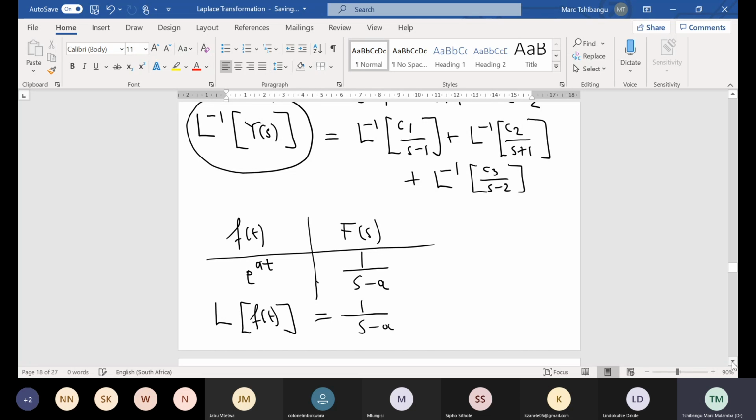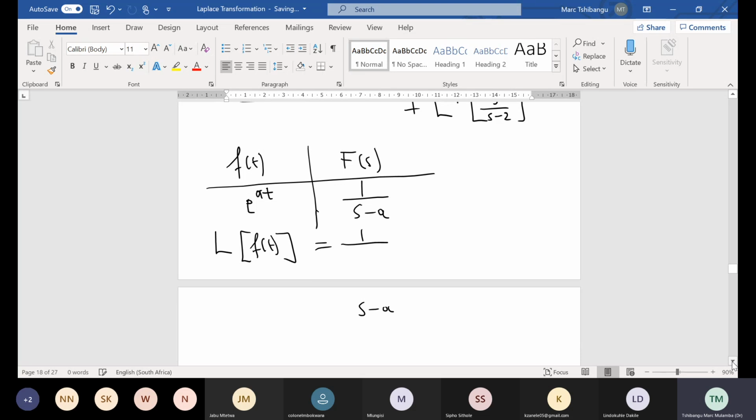But now we're interested in performing the inverse Laplace transform. So we're going from the right hand side to the left hand side, hence we say inverse Laplace transform. In other words, the inverse of 1 over s minus a will be equal to e to the power of at.